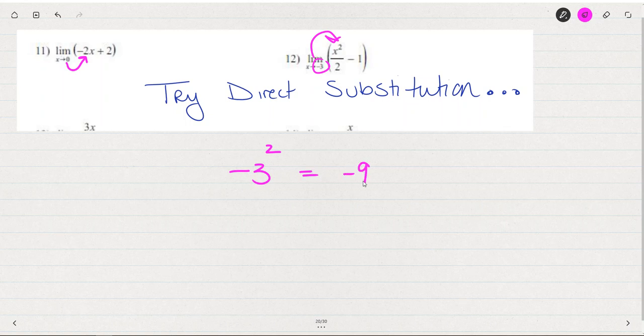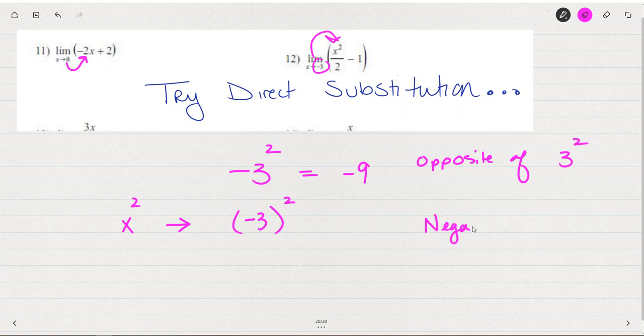It's not -9. If we have an x squared where x is equal to -3, it's the -3 squared. So here, I'm writing it as the opposite of 3 squared. And this down here, what are we squaring?